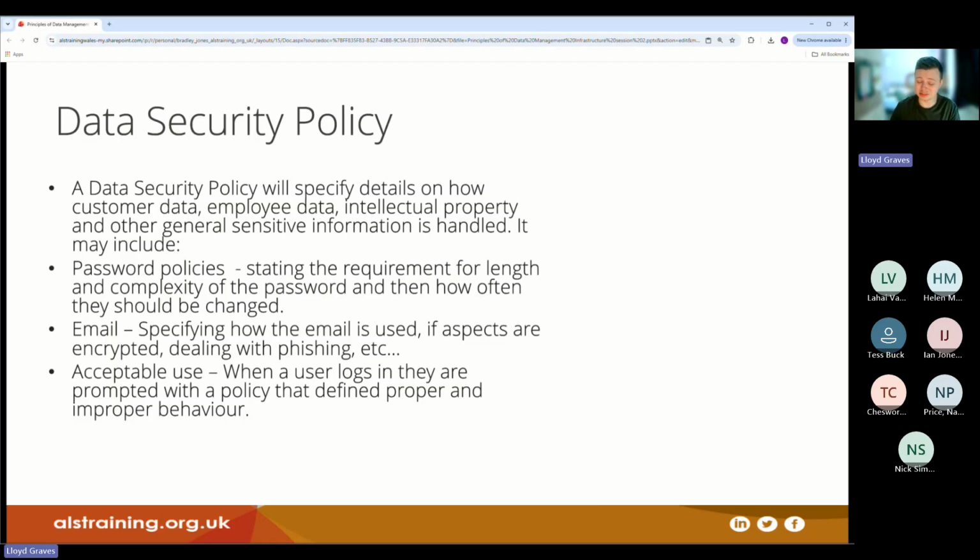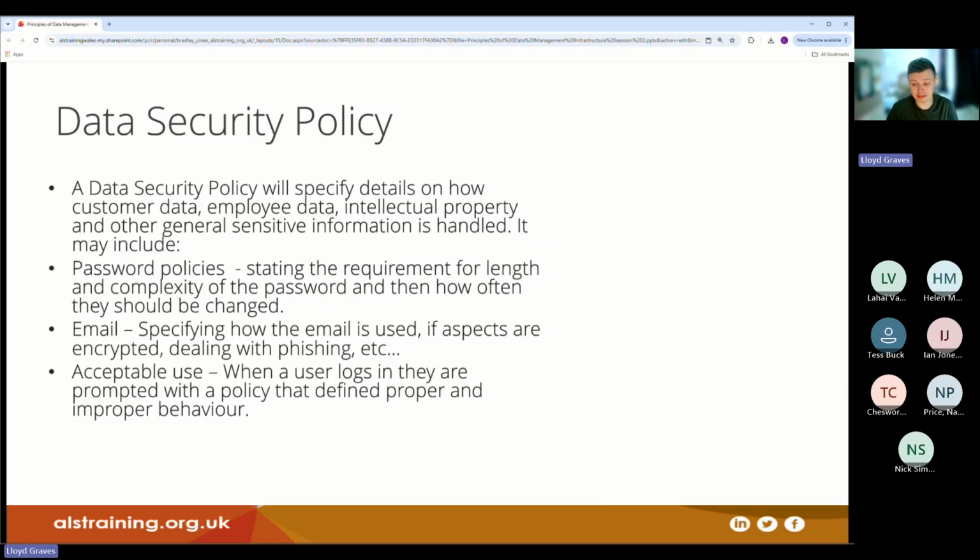If we were sending sensitive information, for example reporting to the Welsh Government, we need to make sure our emails are encrypted, password protected, and not being sent to the wrong person. It also ties into phishing and those kinds of things. That will all be outlined in the policy.